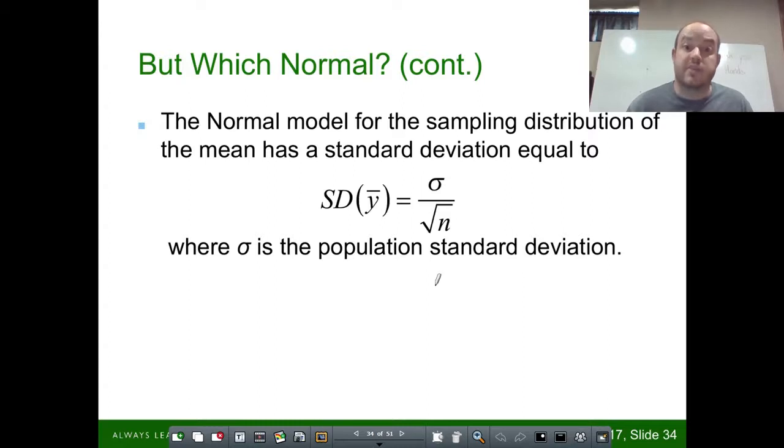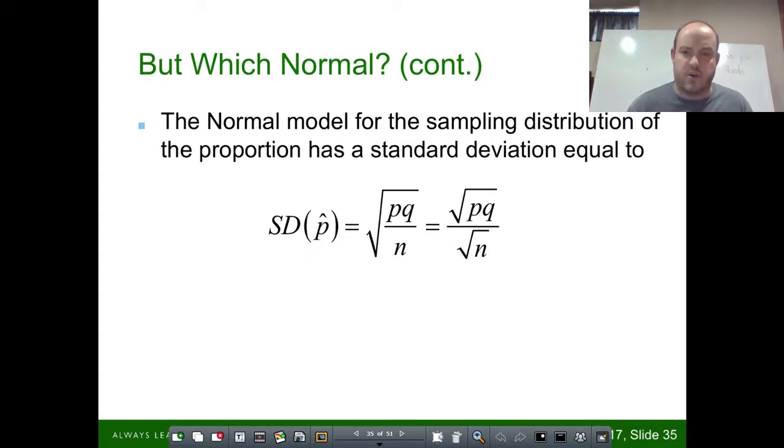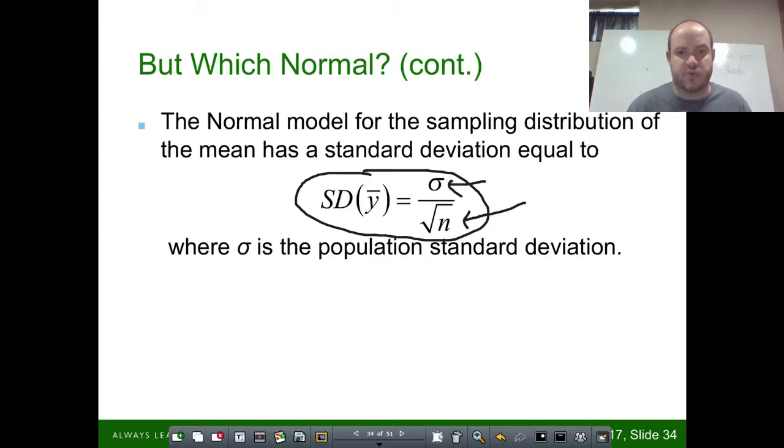The new standard deviation for the sampling distribution of a quantitative situation is the old standard deviation, that's what this guy is, divided by the square root of the sample size. Now, this should look very familiar because for the proportion question, it was the square root of p times q divided by the square root of n.